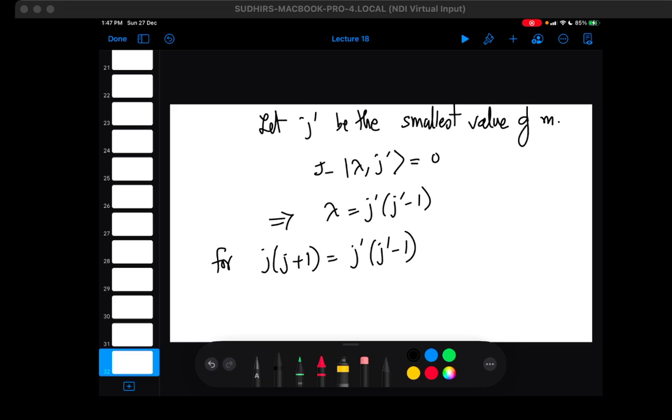The only possible solution is j prime equal to minus j. So you'll have m values taking from minus j to plus j.